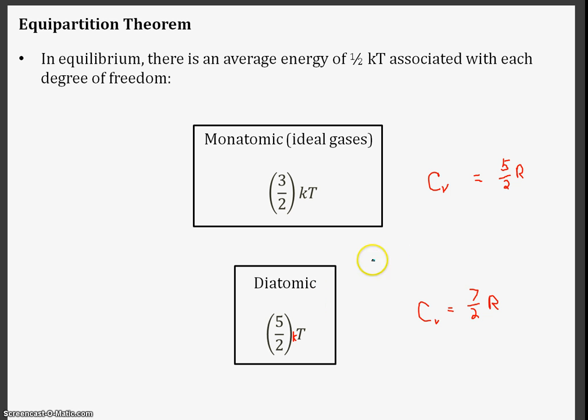For a monatomic gas, the gamma was 5/3. For a diatomic gas, it's going to be 7/2 over 5/2, because the heat capacity at constant pressure is also going to be 1 R bigger. So your gamma is going to be equal to 7/5. So that's going to be different as well.